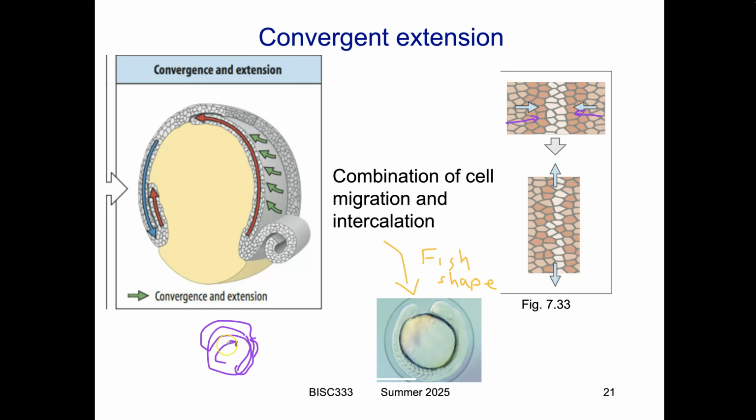When we look here, there are some cells over the yolk, but there are very few of them. The vast majority of the cells moved up to the dorsal side, and on the other side as well, to create this embryo. So we went from this ball of cells right at the top of the yolk to this really fish-like structure that is enclosing the yolk.